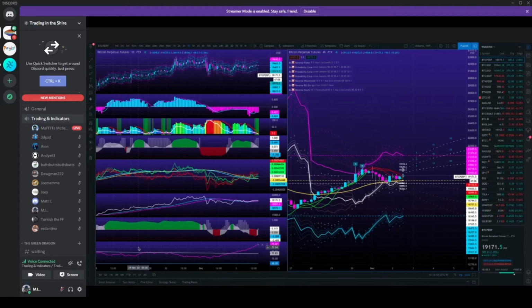Price action. Right now it's on a 4 hour. It's on a 365 volatility period. And on the daily, it's on a 30. That's why this indicator is so important.